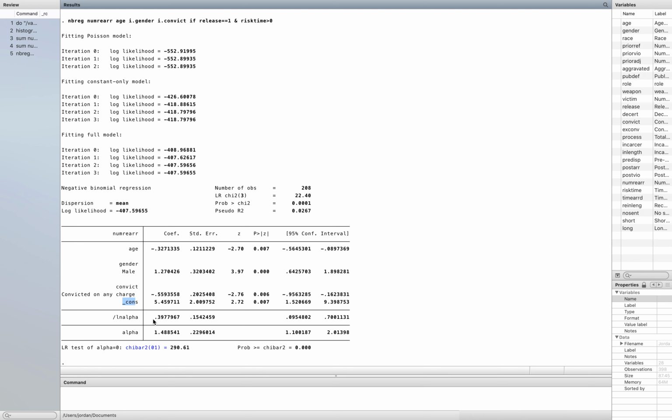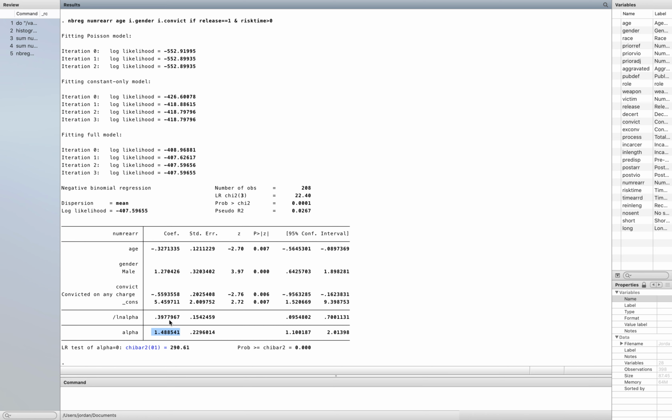So the ln alpha and alpha go hand in hand. This is pretty much testing whether or not you should have done a Poisson, meaning the variance and the mean are equal, or a negative binomial.